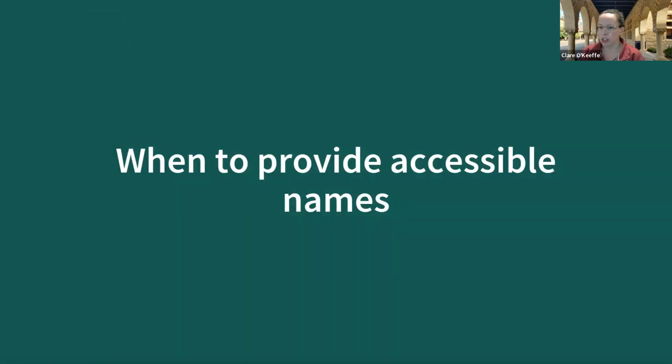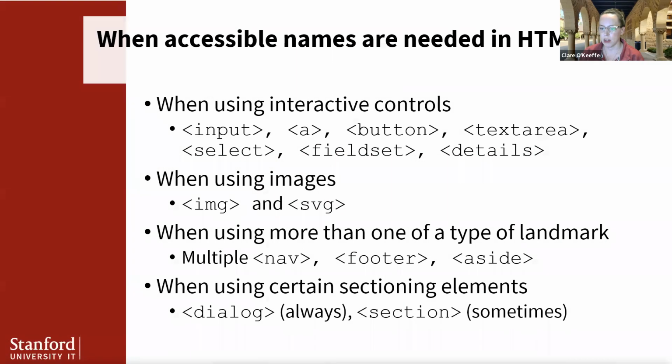So when do you need to provide accessible names for user interface elements? So they're definitely required when you're using native HTML interactive controls, things like input elements, link elements, anchor elements, buttons, text areas, select, field set, details. These are all interactive controls or related to interactive controls.